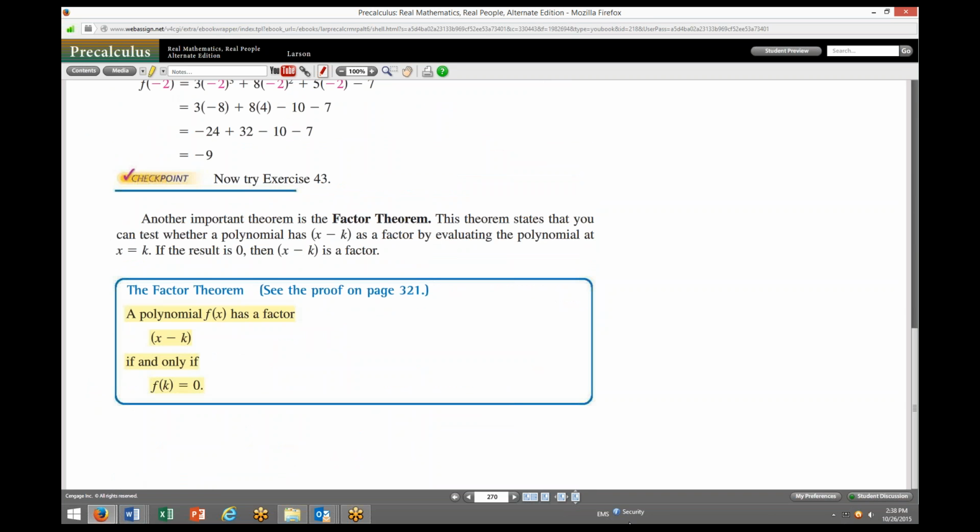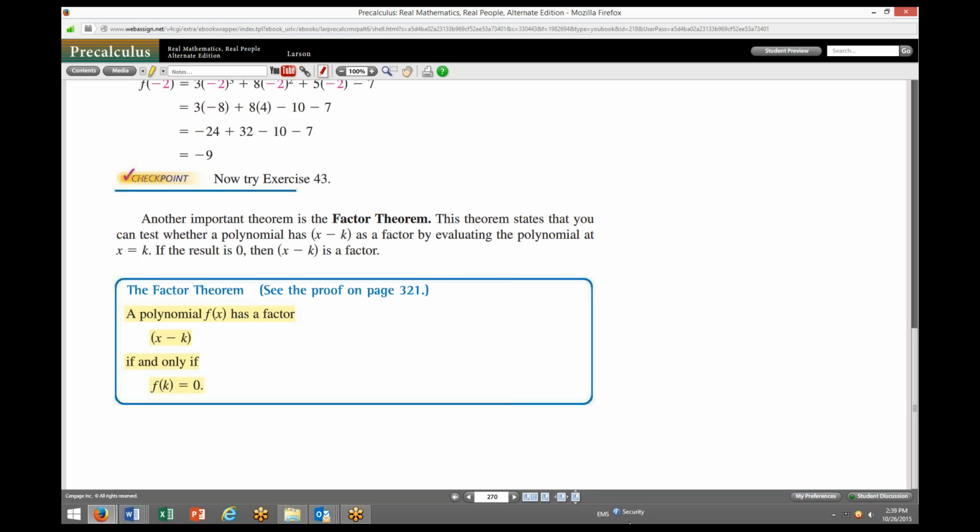They're telling you they've got proofs on this certain page. You can go access it yourself if you would be interested. A polynomial f of x has a factor x minus k if and only if f of k equals 0. Now that "if and only if" phrase in math means it works both ways.